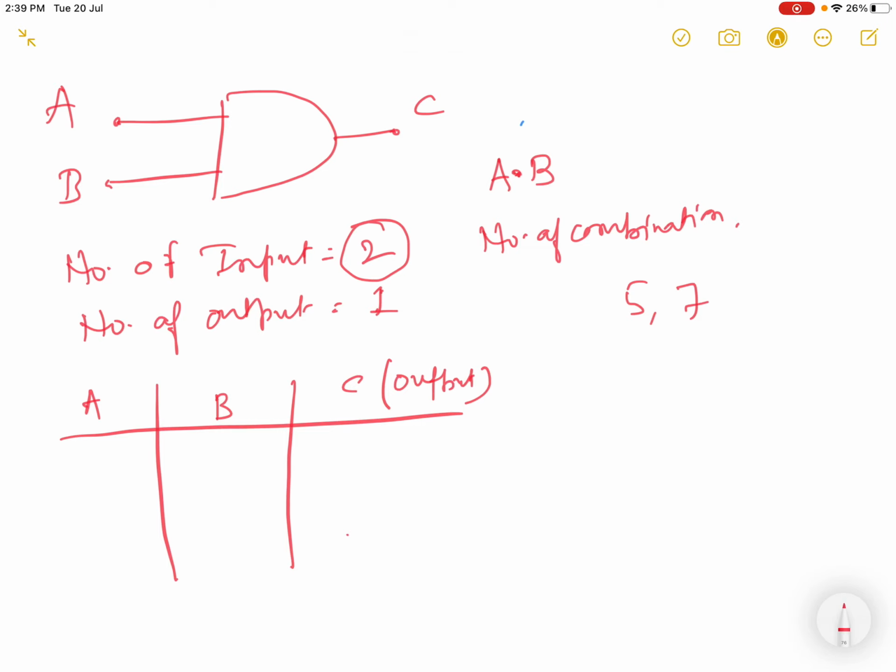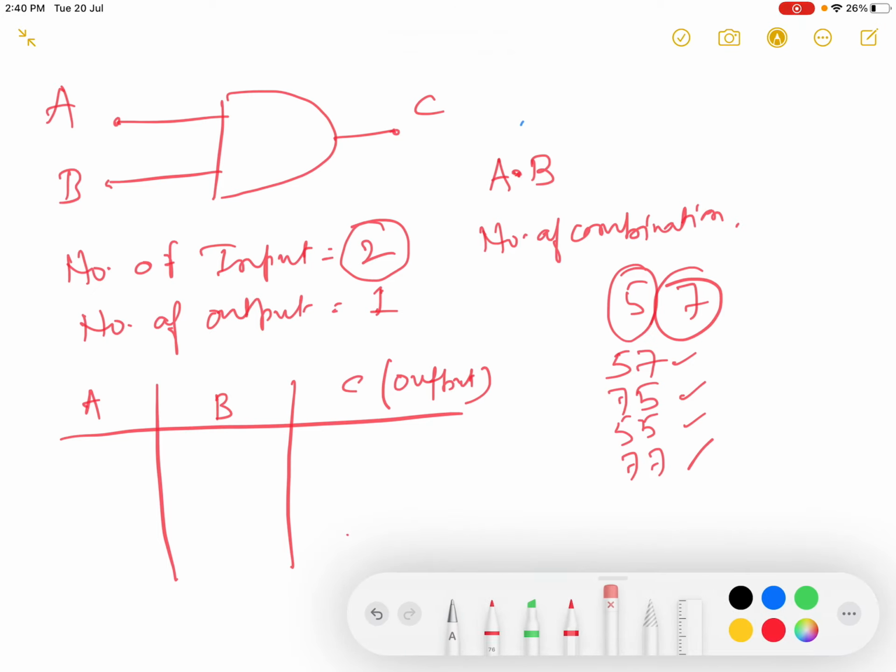How many numbers can be formed? 5 7, 7 5, 5 5 and 7 7. It means from these two numbers, 4 distinct combinations can be formed.